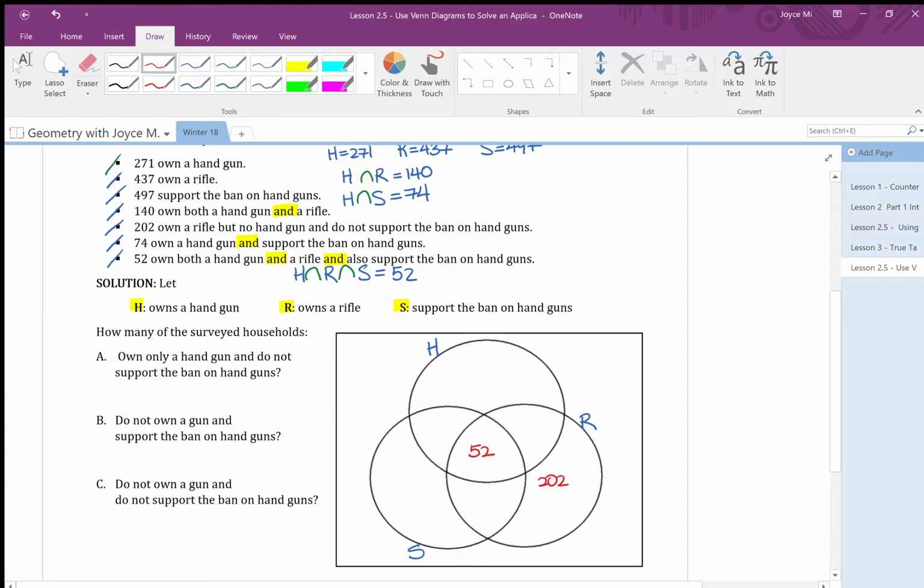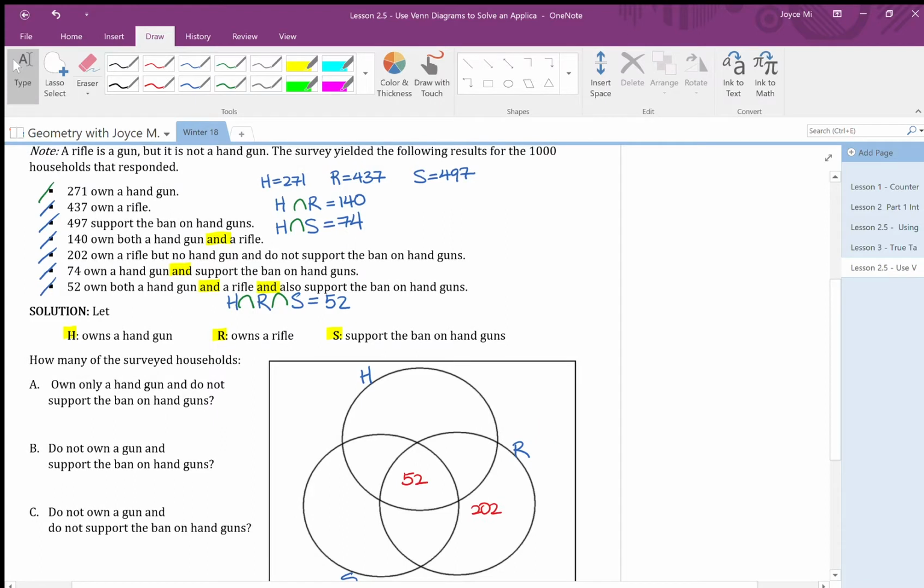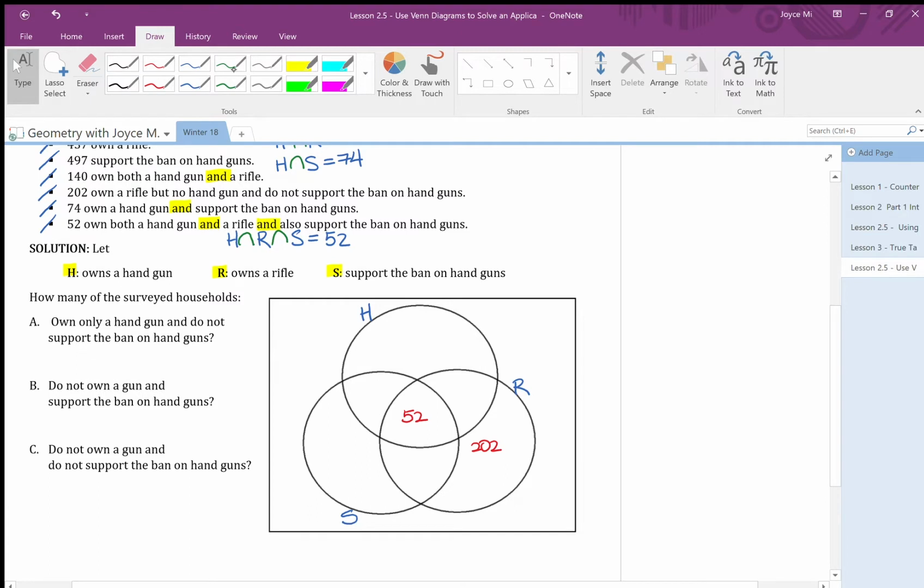So far we have this part. Now I'm going to use the equations that I set up over here, all this notation, to try to fill in the blank space in each region. Before I fill it out, I'm going to label the parts using letters.